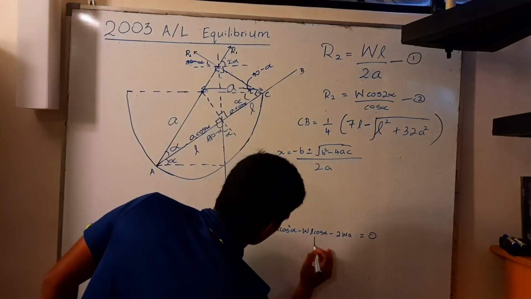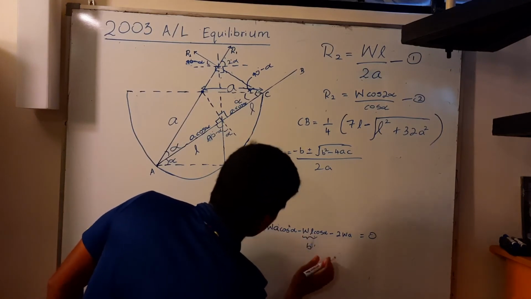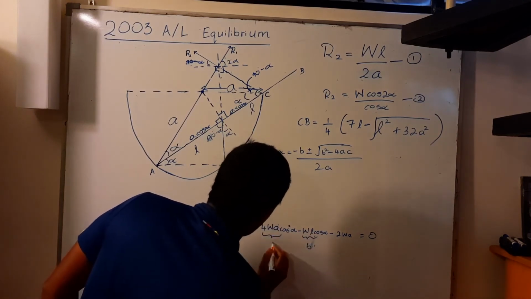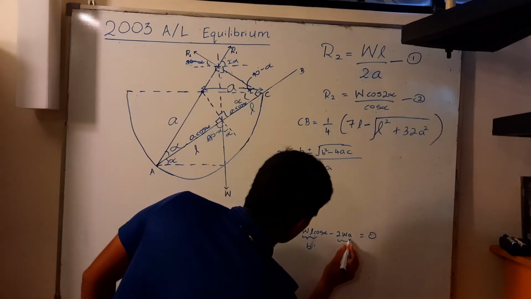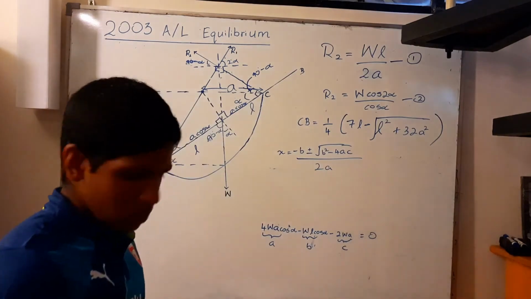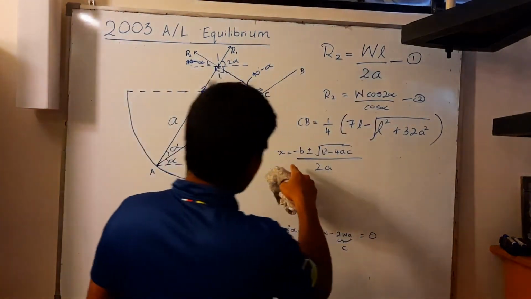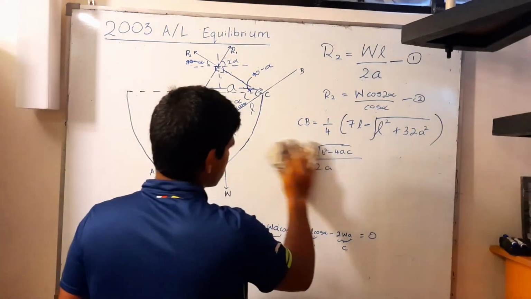So basically this is b, this is a, and this is the c term. Using this equation I'm going to find the value of cos alpha.